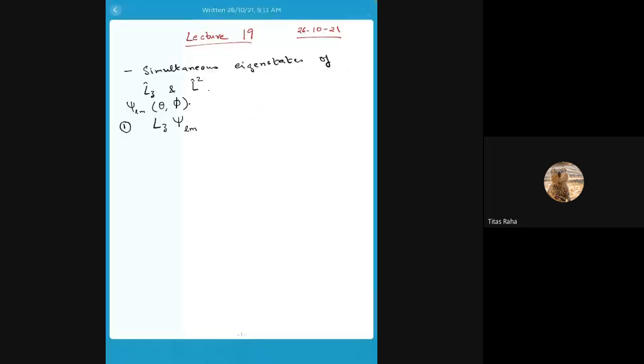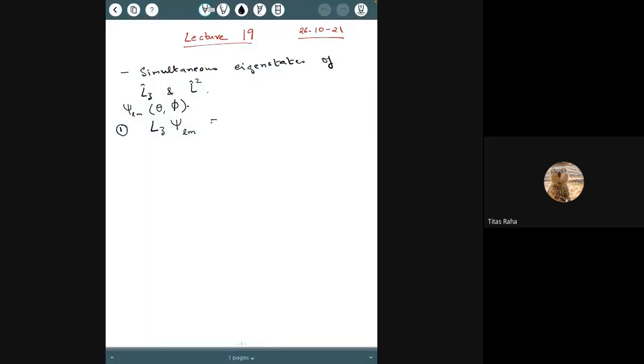So Lz acting on psi Lm will give me an eigenvalue, which I am calling h cross M, times psi Lm. And the second one is the L square operator acting on psi Lm, to give me h cross square, some number lambda, times psi Lm.